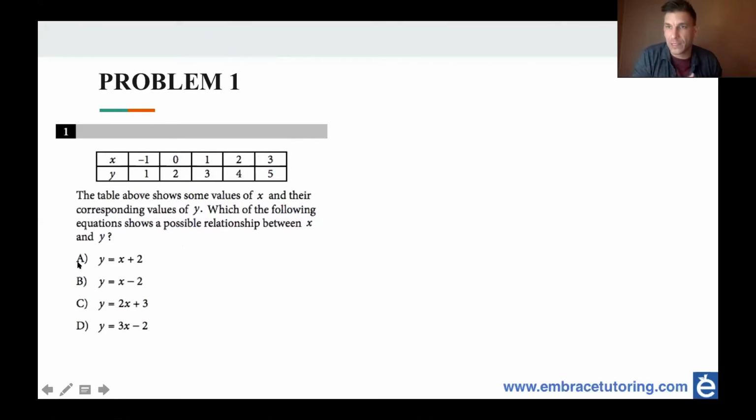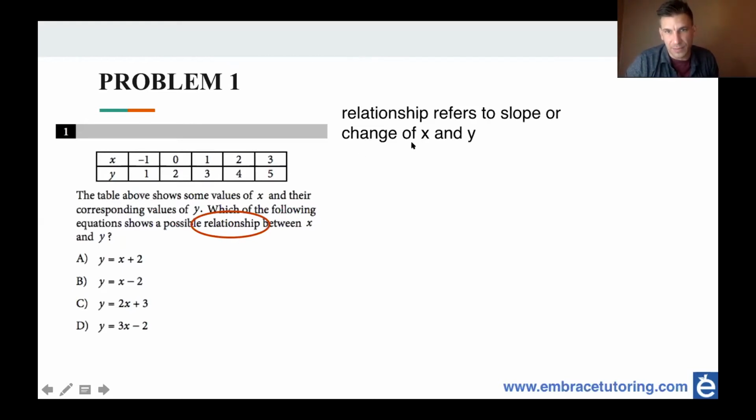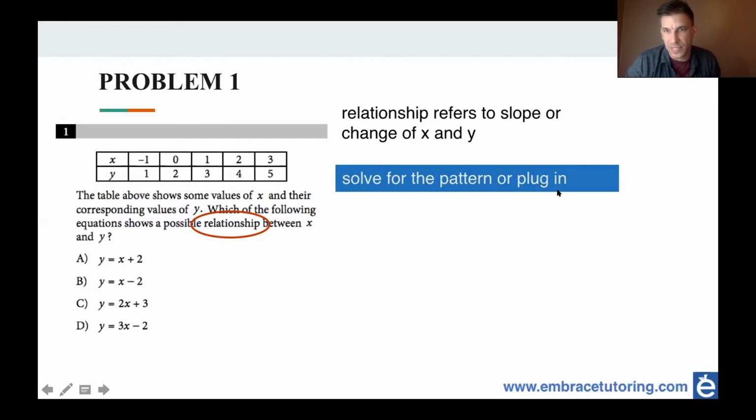The other way to do this is to figure out the difference. We can figure out the slope, because it says what is the possible relationship between x and y. If I figure out the differences between these, I'm trying to figure out the relationship, which is basically synonymous with slope when it comes to the SAT. As I'm referring to the change of x and y, I want to solve for the pattern.